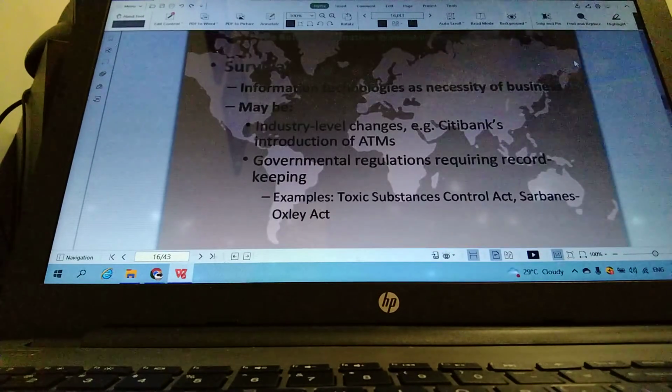The other high level strategy in which IT is helping business today is to stay in business, or survival. Industry level changes, for example, what is happening to all the banks today.